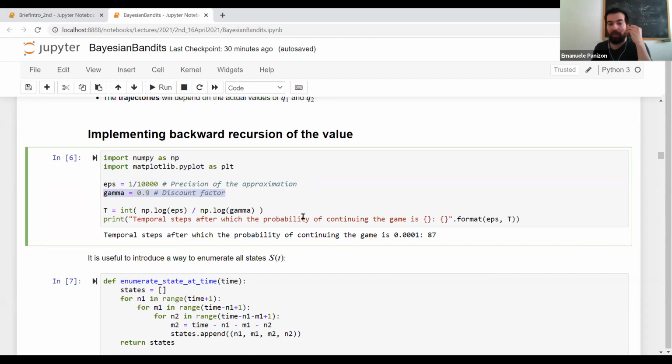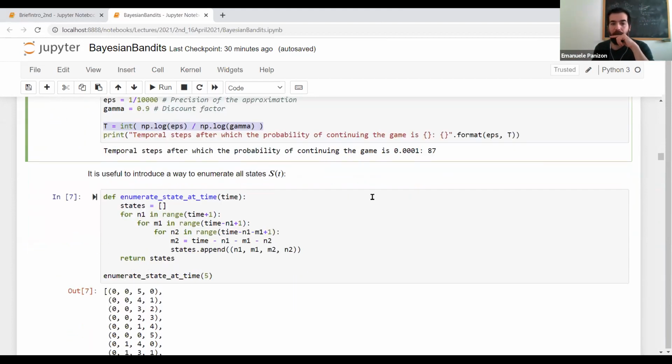It's 0.9, which gives us a T, which is our cutoff boundary. Essentially, this gives us 87 steps. So we will have to compute every state of belief in which the sum of the integers is up to 87, and then we'll say, from now on, we don't care anymore.